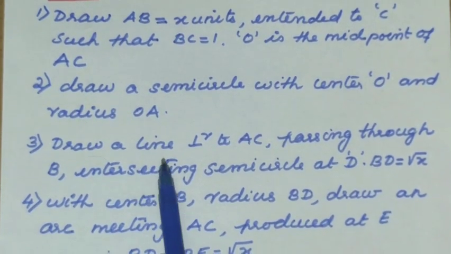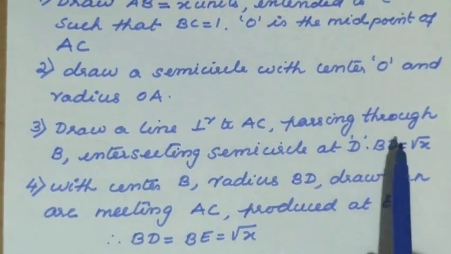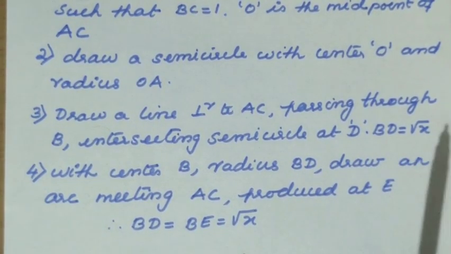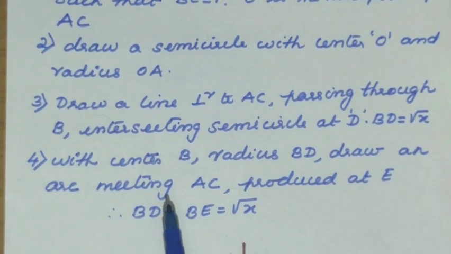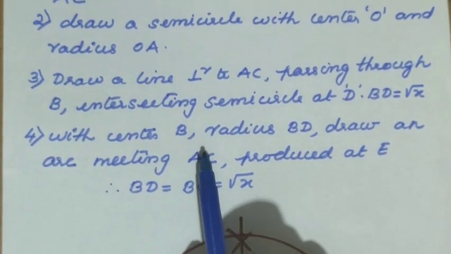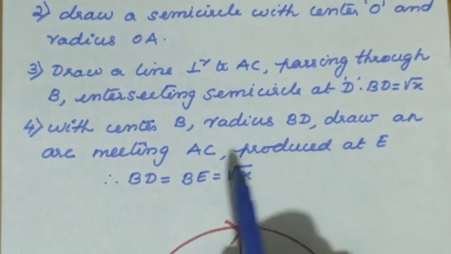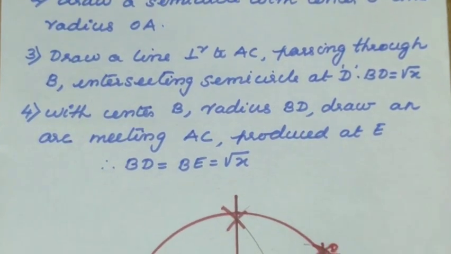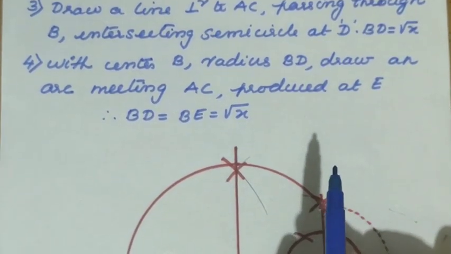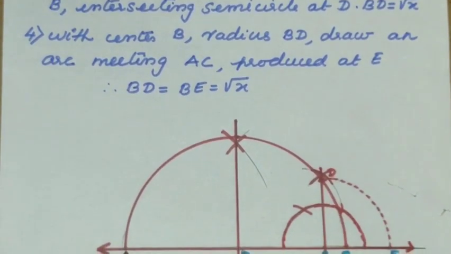Third step, draw a line perpendicular to AC passing through B, intersecting the semicircle at D, and BD equal to root x. The last step, with center B, radius BD, draw an arc meeting AC produced at E, BD equal to BE equal to root x. These all the steps are to be written first, then the diagram.